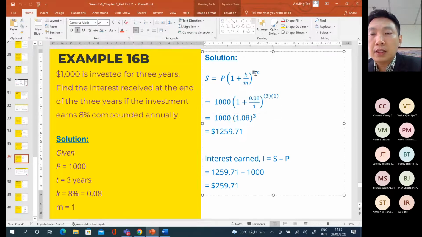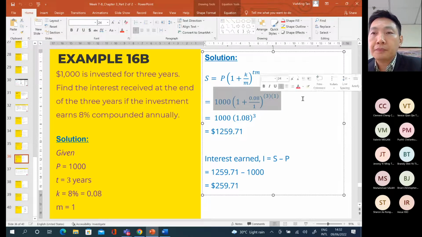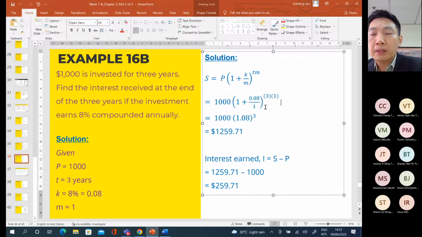T is 3 years of investment. We simplify the number inside the brackets, so you get 1.08, and then simplify the power number, which is 3. Then we use the calculator to get the answer directly in order to minimize the rounding error, and we can round the answer to 2 decimal places.